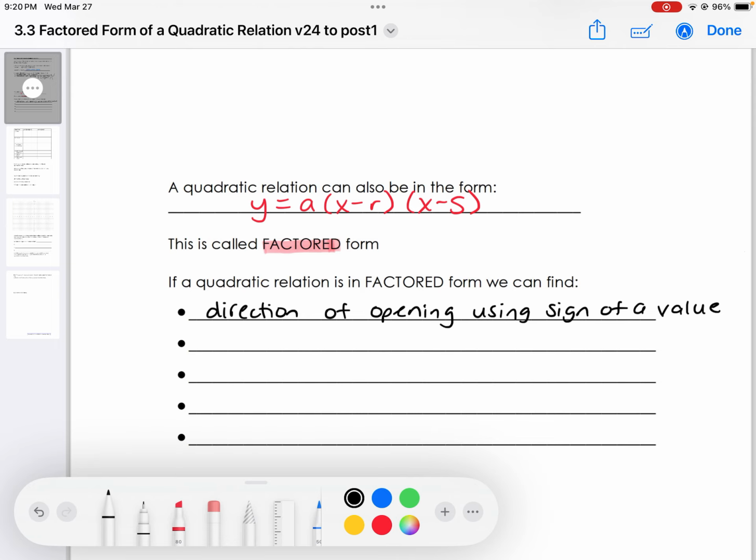But one of the things that the factored form is able to do is it can help us discover what the x-intercepts are. And remember, when you have an x-intercept of a quadratic relation, another way to talk about that is the roots or the zeros.